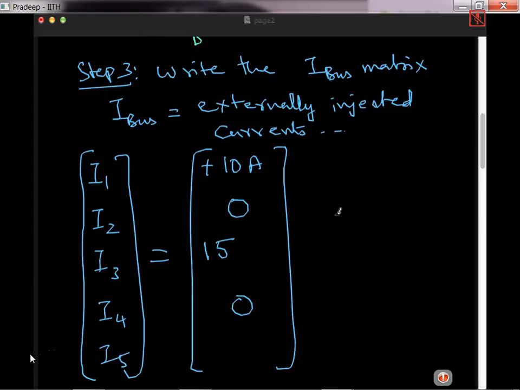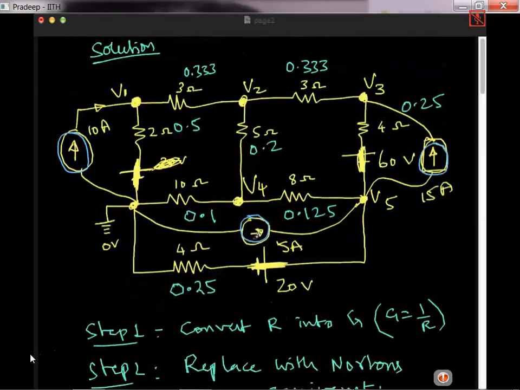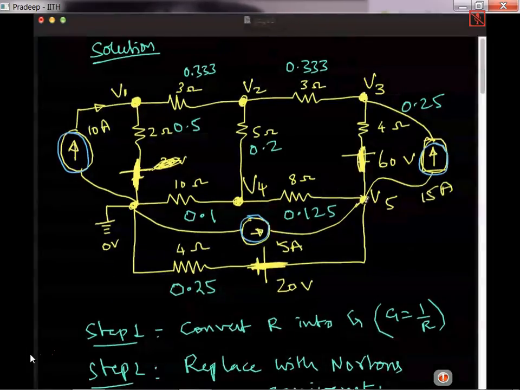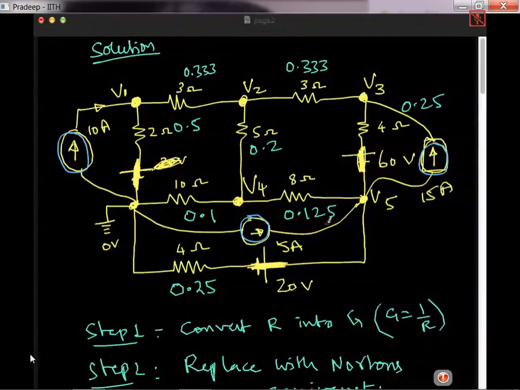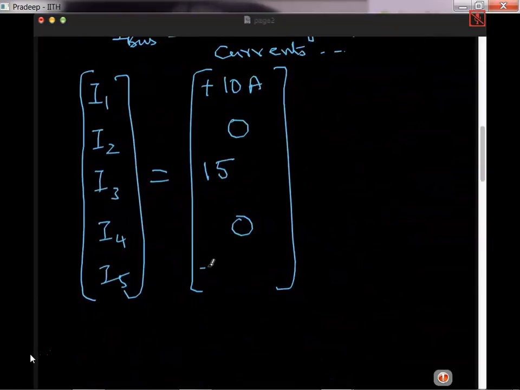What about I5? Look at I5, 5 amperes is entering into node 5 and 15 amperes is leaving node 5. So 5 is plus and 15 is minus. So plus 5 minus 15.